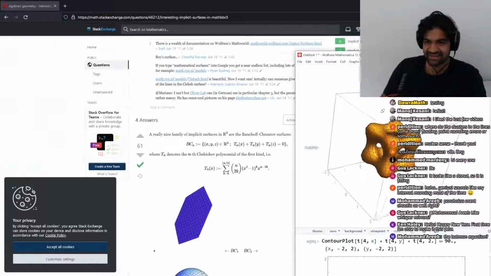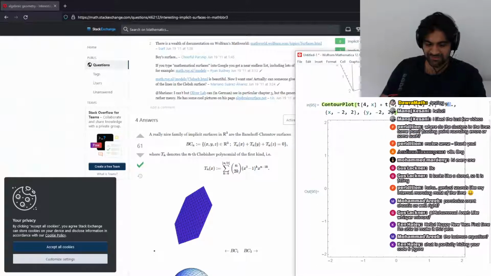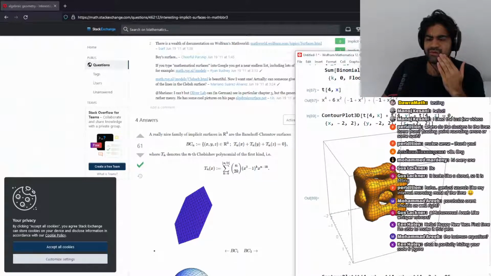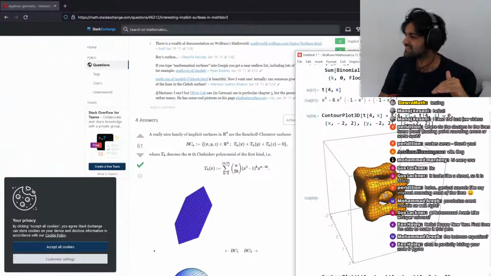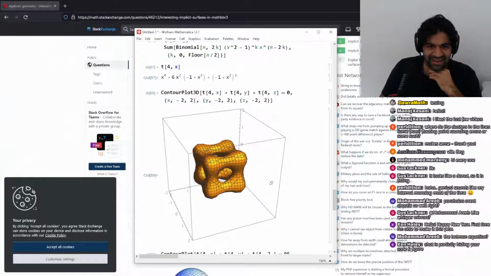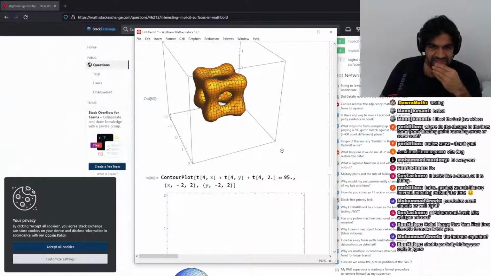Let's see. What happens if you do like 95? I really suspected that setting z to be a number would give me an interesting 2D contour plot. I'm still not 100% sure why that did not happen.